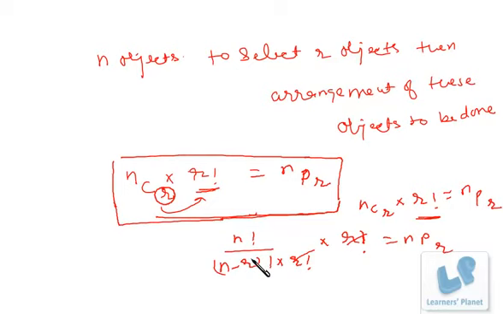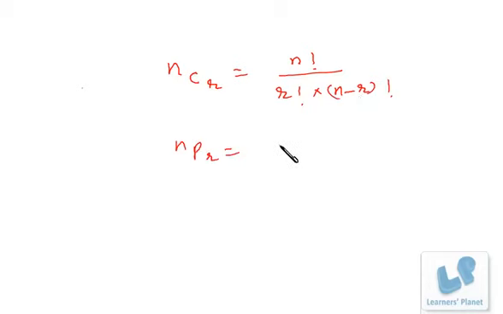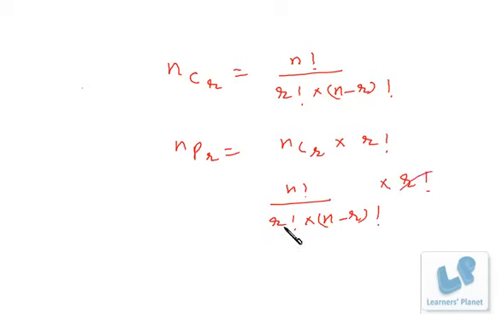I just rewrite both the formulae. nCr is equal to n factorial by r factorial into n minus r factorial, and nPr is equal to nCr into r factorial, right? So it is n factorial by r factorial into n minus r factorial into r factorial. So it's n factorial by n minus r factorial.